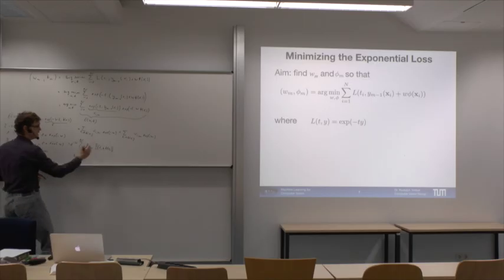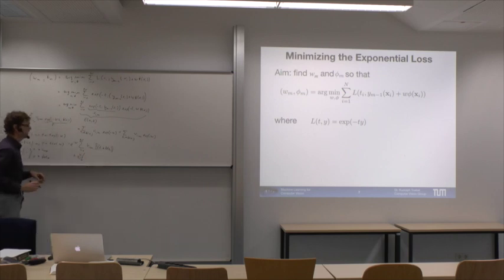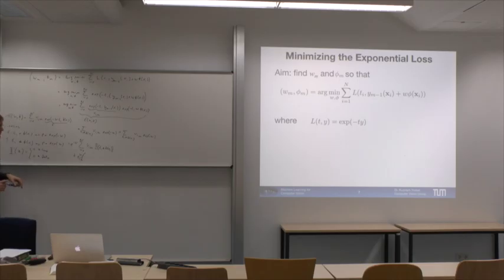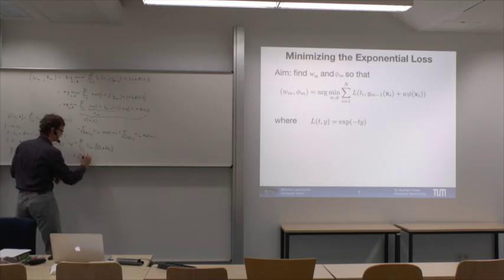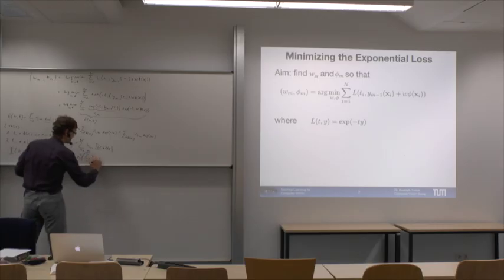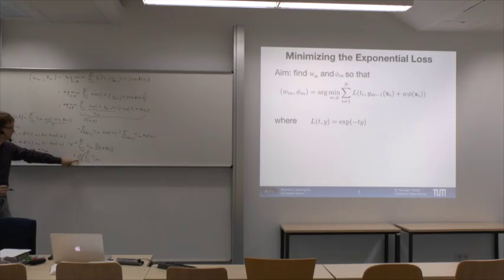The same I do with the other one, the exponential of W, so this is e to the W. And now I do another little trick. Now these are the correctly classified ones. I express the correctly classified ones in terms of all minus the incorrect ones. So what I do is again a sum over all i equals 1 to n. Now I have the e to the W in front, I don't need that anymore.